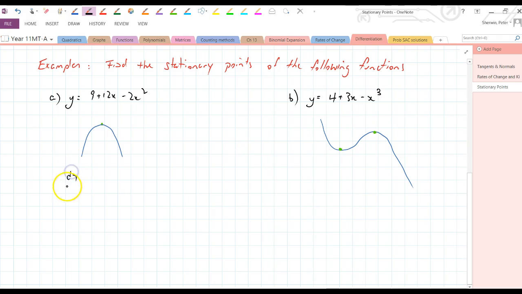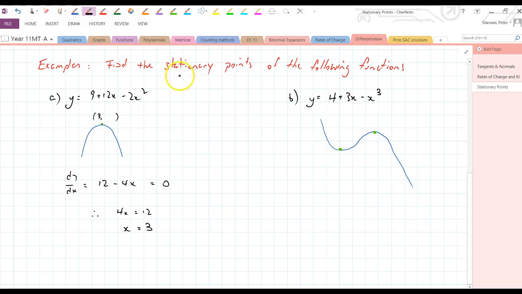So let's find out what's going on. I can write y dash or dy dx, but we want the derivative function, the gradient function. That's 12 minus 4x. Now we want to find when that equals 0. When we solve this, we'll have the value of x for which the curve is stationary. x equals 3.